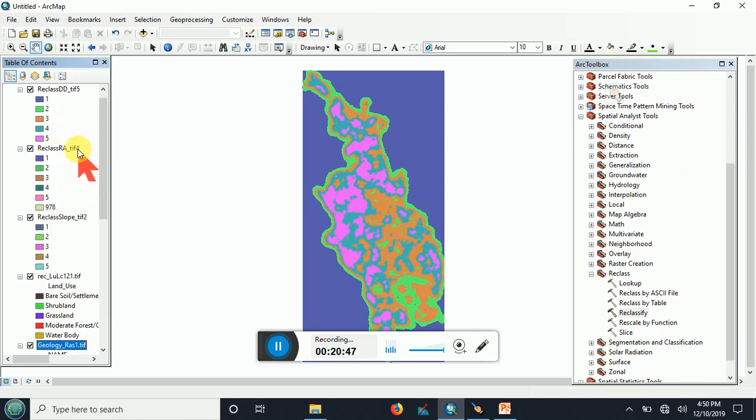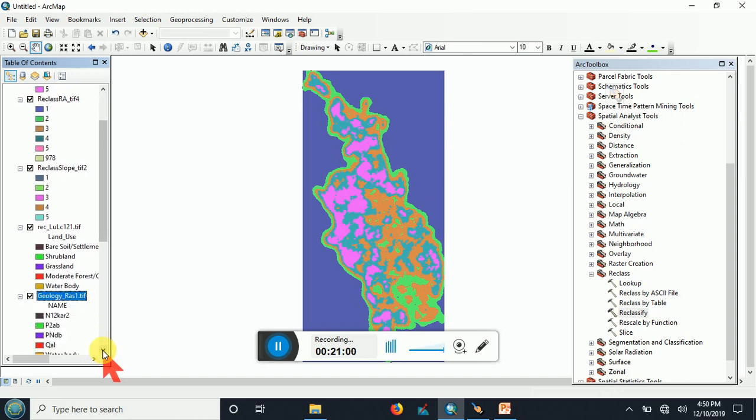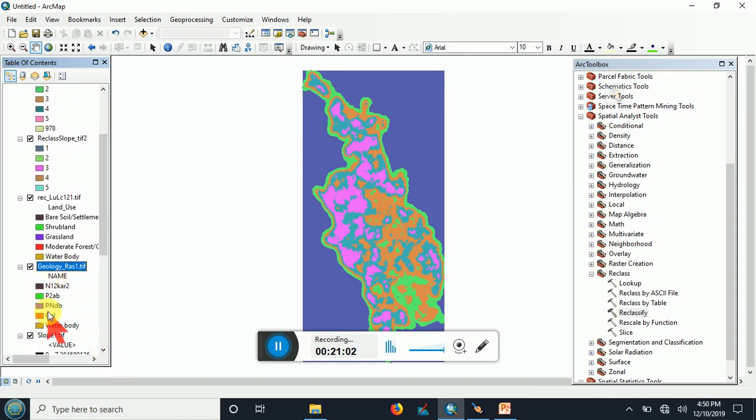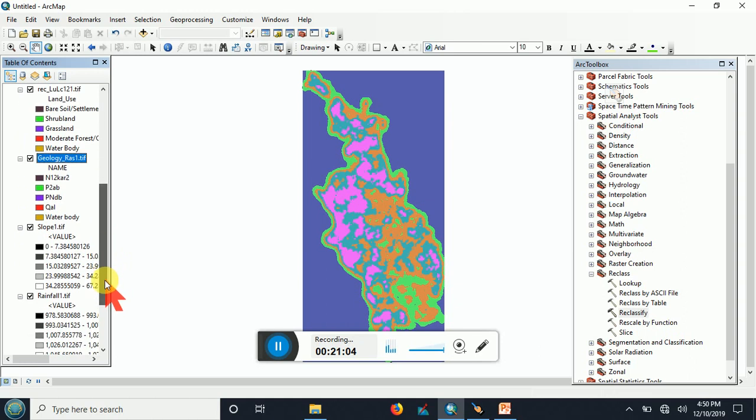So it means we have our 5 thematic layers: reclassified drainage density, reclassified rainfall, reclassified slope, reclassified land cover, and reclassified geology. So we don't need the other thematic maps for now.